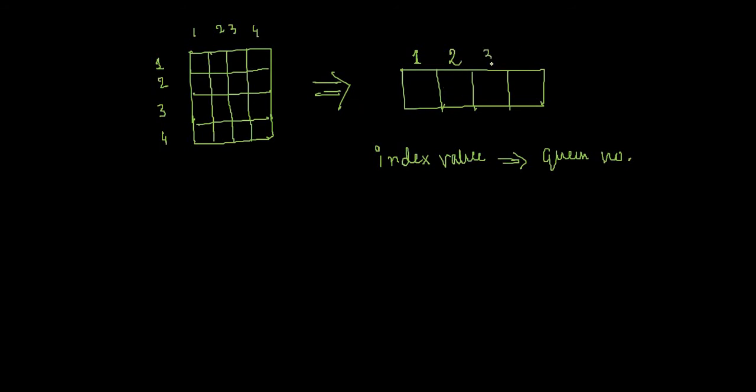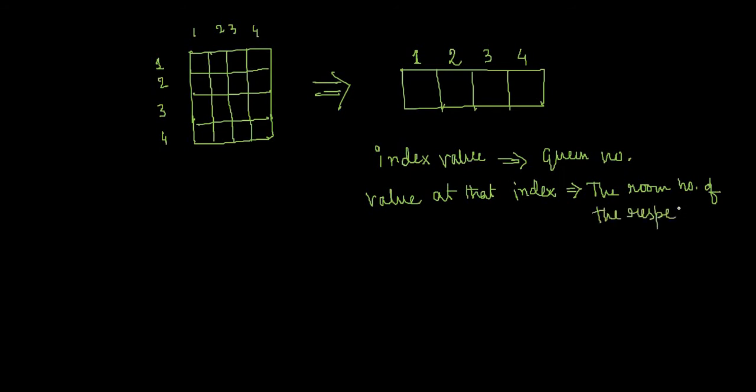Third queen has to be placed in the third index, and so on. And the value present over here will represent that particular column number where this queen has to be placed. So that means the value at that index will represent the column number of the respective queen.